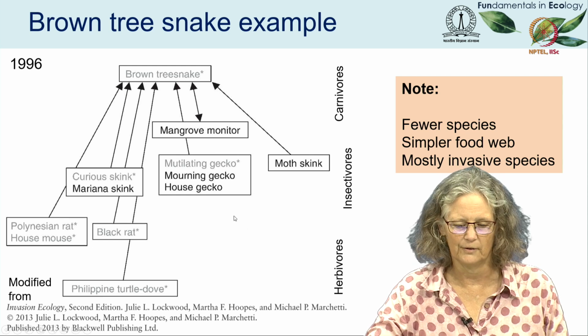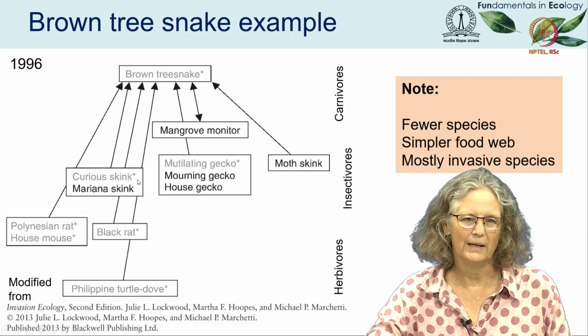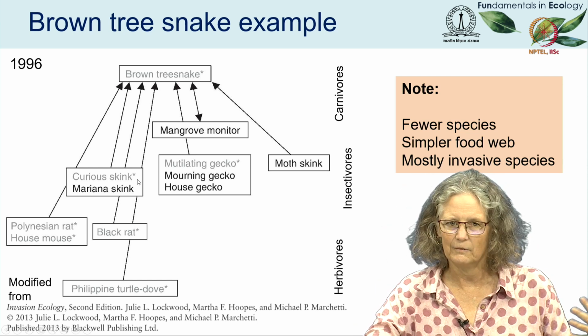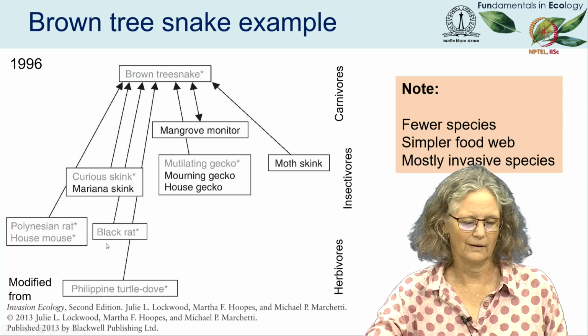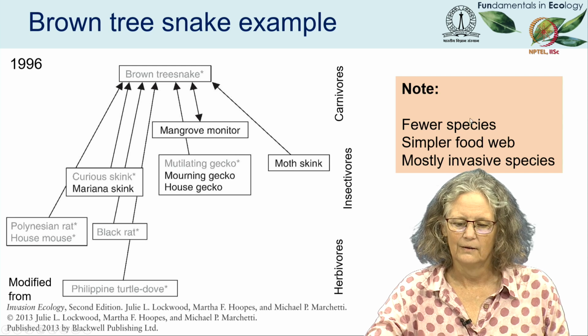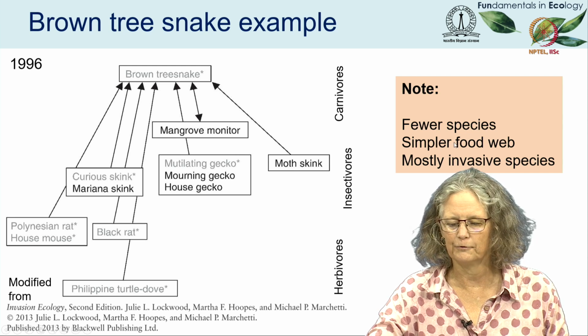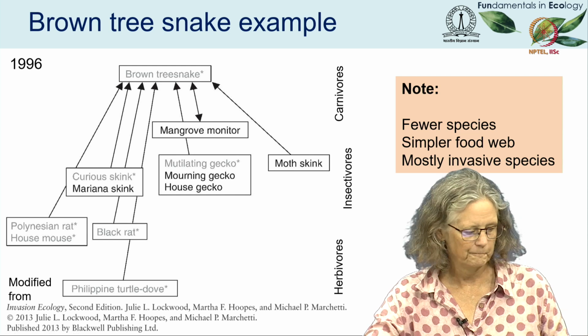They're no longer present in Guam. And many of the species that persist are invasive species such as rats and mice. So due to the brown tree snake, there are fewer species, a simpler food web, and that food web is made mostly of invasive species.